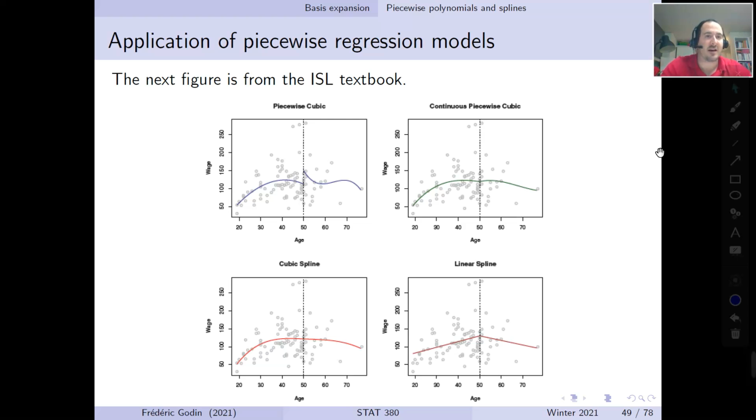So this justifies why we first use piecewise polynomials instead of piecewise constant functions for prediction, and why we add these additional constraints to ensure continuity at the knots and continuity of some of the derivatives. So the cubic spline is probably the most famous example encountered in practice, so it's important to understand this one.